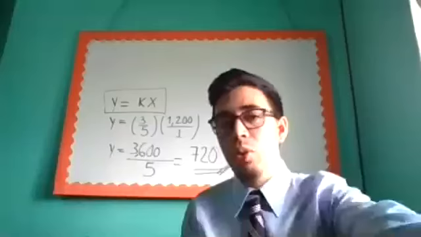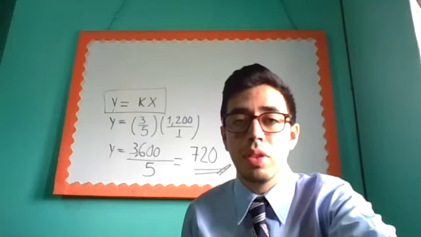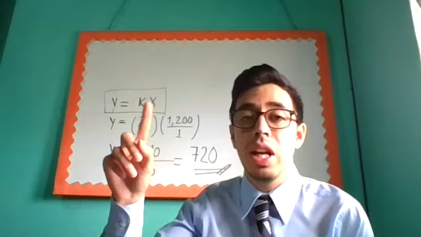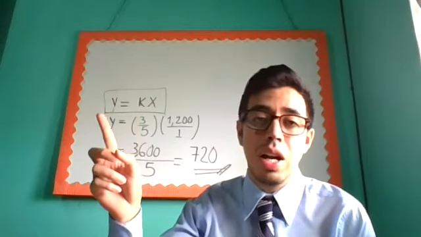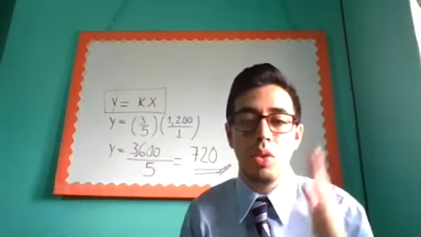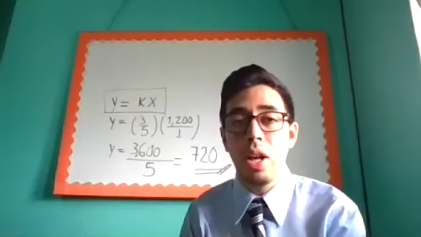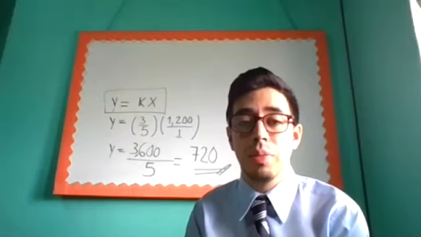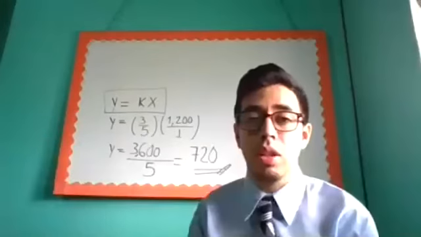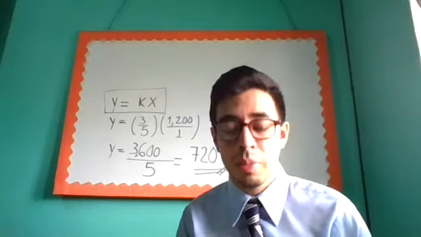If they ask you to write an equation that represents this relationship, to have the shape of the equation, you need all the variables. The equation includes the value for k.